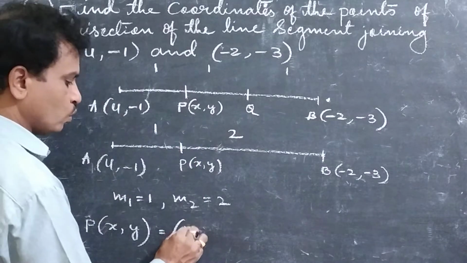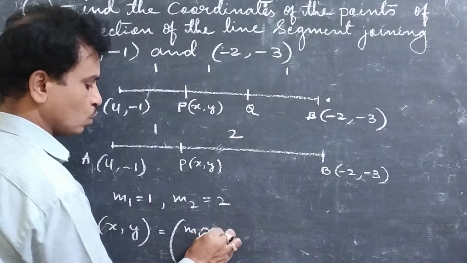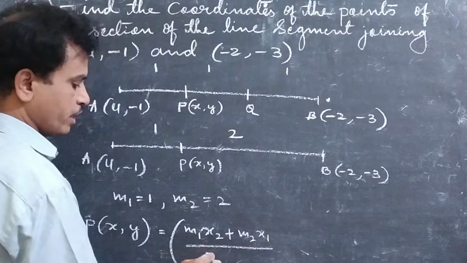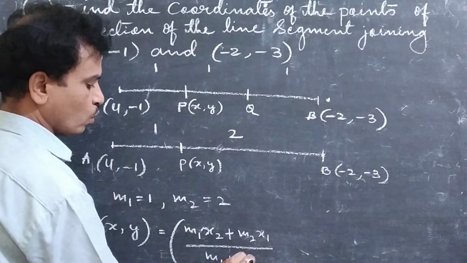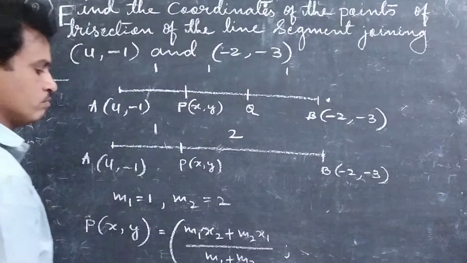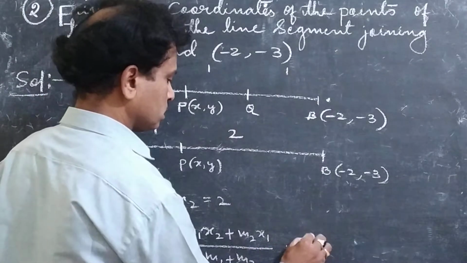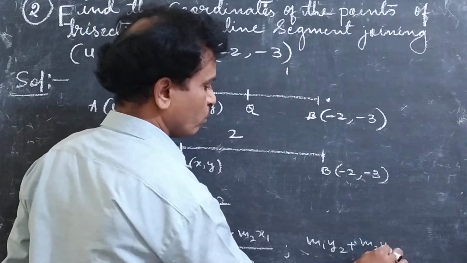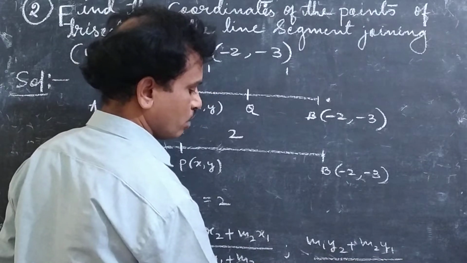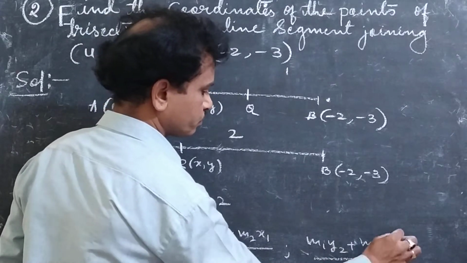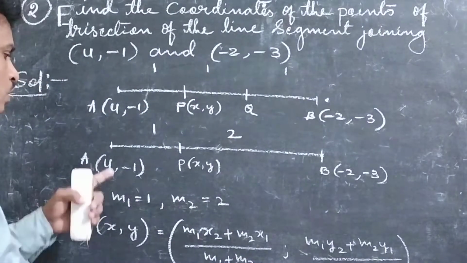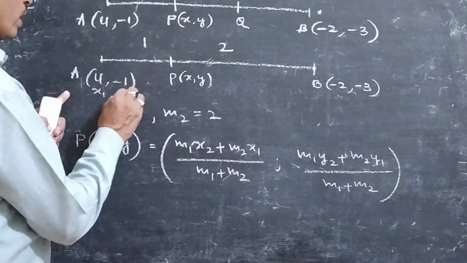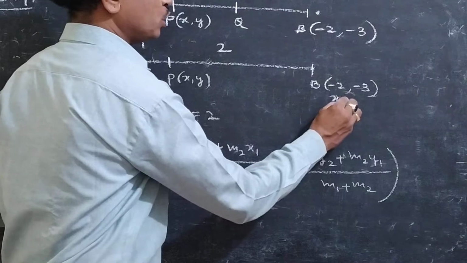It is (m1 x2 + m2 x1) divided by (m1 + m2), and then (m1 y2 + m2 y1) divided by (m1 + m2). Here m1 is 1, m2 is 2. This point we take as (x1, y1), and this point as (x2, y2).